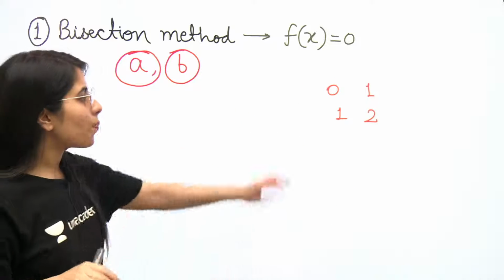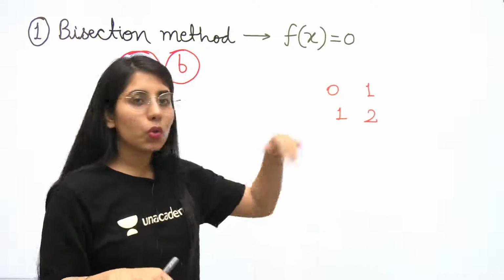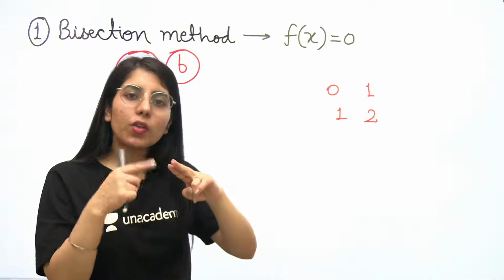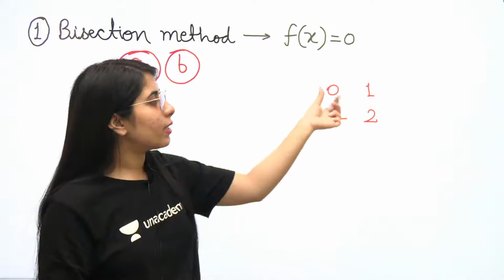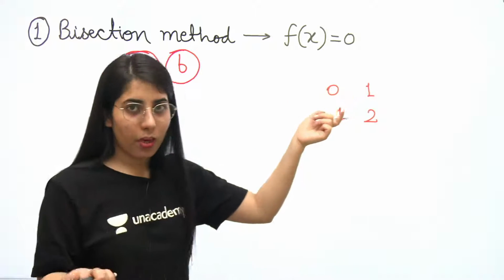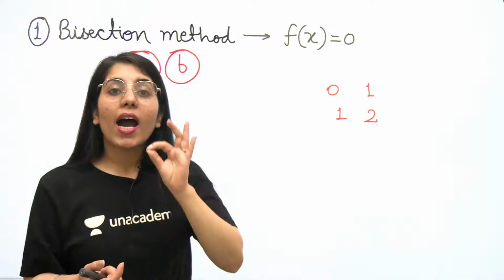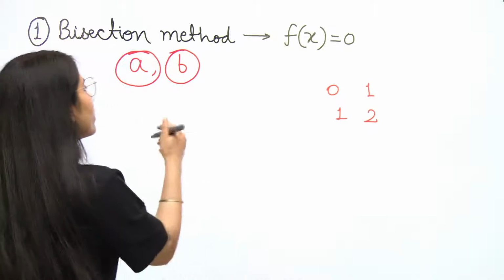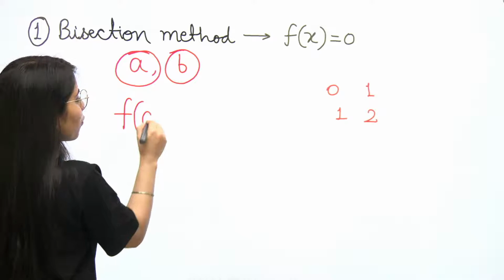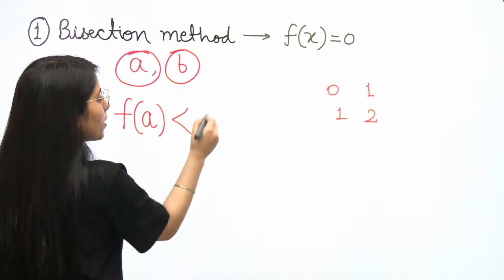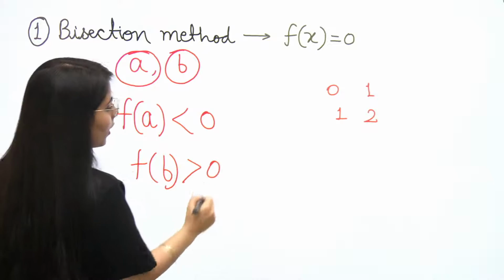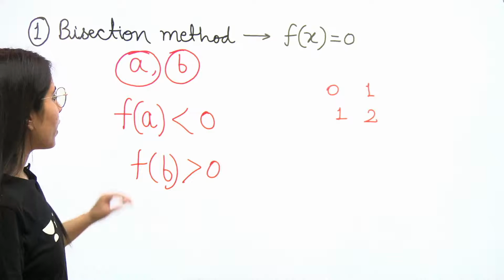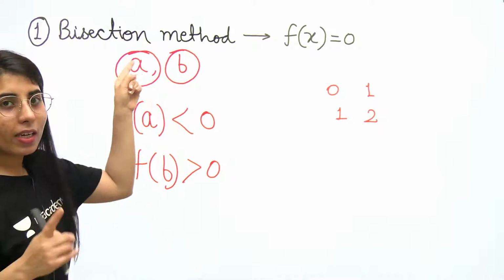They should be consecutive numbers. You have to select two consecutive numbers in such a way that the value of the function at one point is less than 0 and at the other point it is greater than 0. Clear? This is how you select the values a and b.